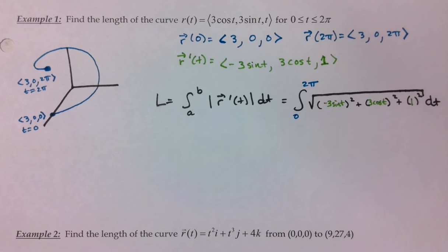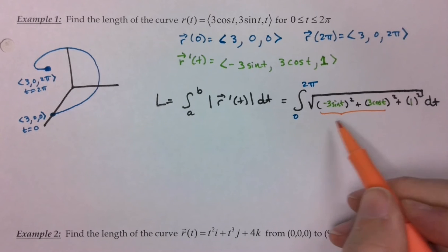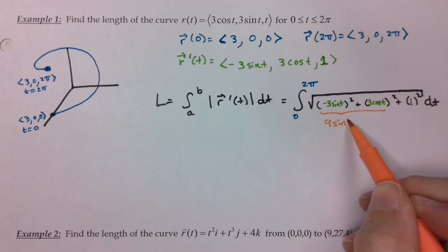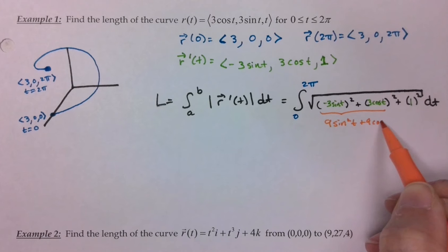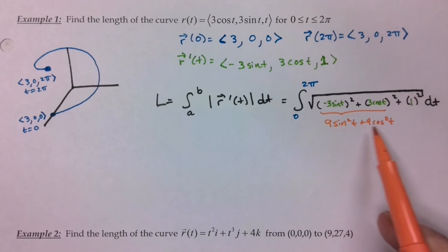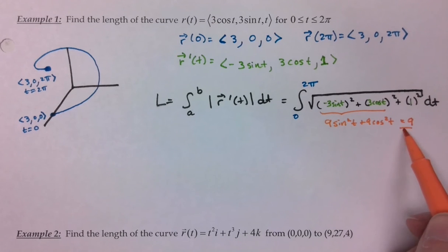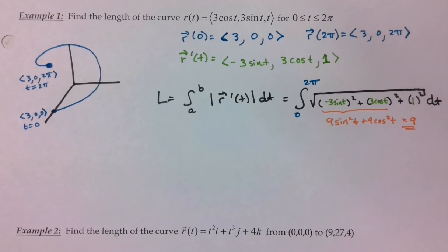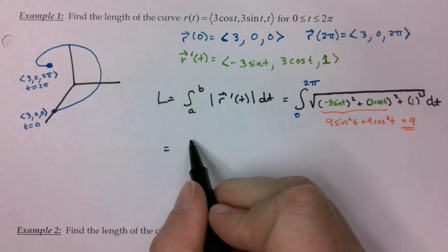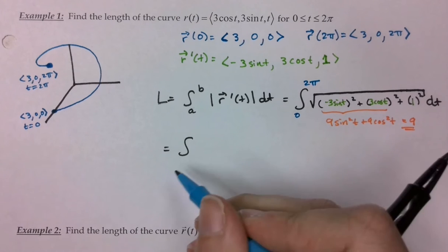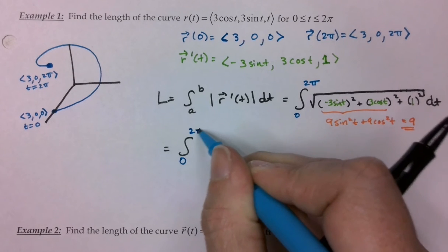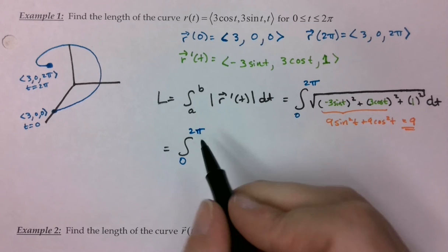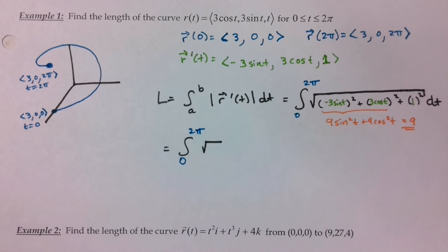All right, well, let's think about this for just a second. This is 9 sine squared t plus 9 cosine squared t, which is the Pythagorean identity. That's 9. Okay, so we actually have our arc length is the integral from 0 to 2 pi of the square root of 10, because 9 plus 1 is 10, dt.